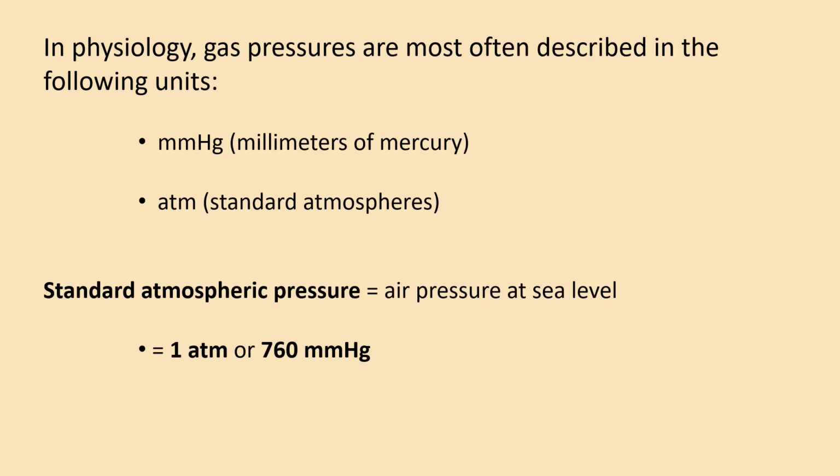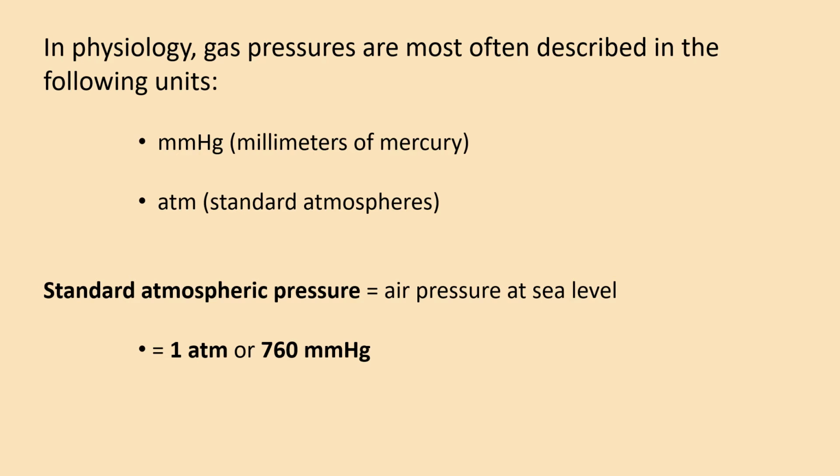So in physiology class, we typically use these 2 units to express air pressure, millimeters of mercury or atmospheres. I'll try to use them both so that you become comfortable with both units. And a good thing to know is that 1 atmosphere is equal to 760 millimeters of mercury.